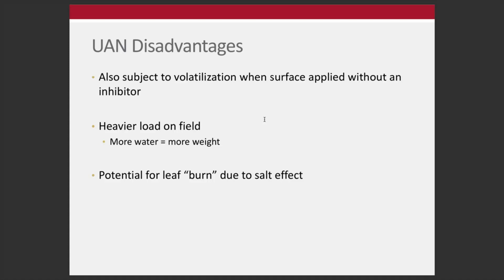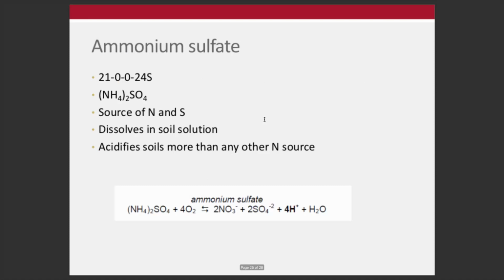So you need to use more fuel to move that throughout the field. And then if you're doing foliar applications, there's potential for leaf burn because UAN has a large salt index as well.